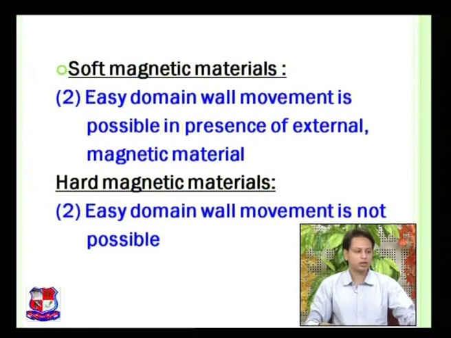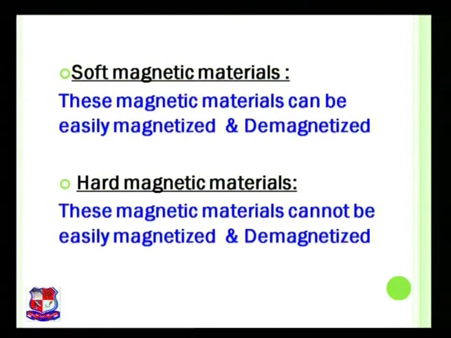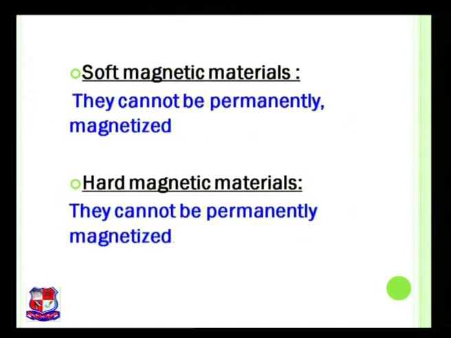Let us move towards the third point. Soft magnetic materials can be easily magnetized and demagnetized, whereas hard magnetic materials cannot be easily magnetized or demagnetized. Let us move towards the next point.